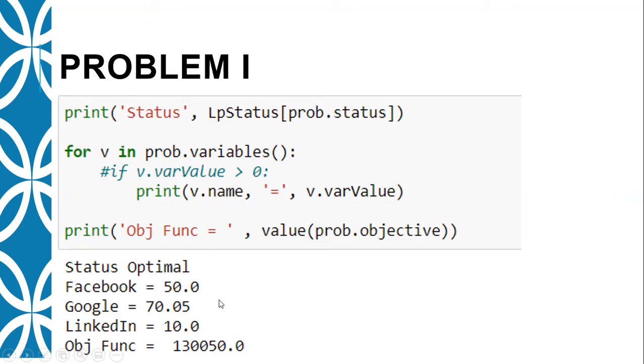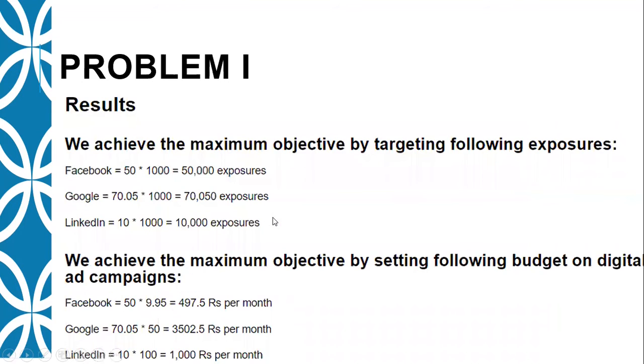So this is the maximum exposure we can get in our budget of 5,000. By using Facebook, we will get 50,000 exposures. By using Google, we will get 70,000 exposures. And by using LinkedIn, we will get 10,000 exposures. And this is the division of our budget.